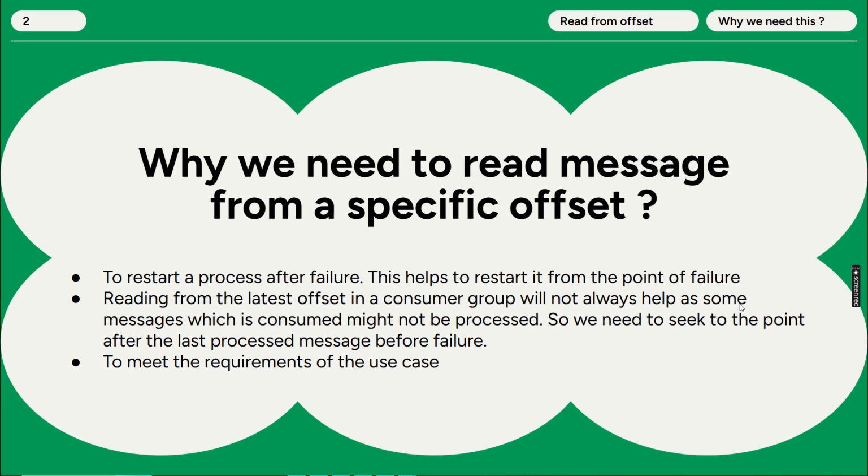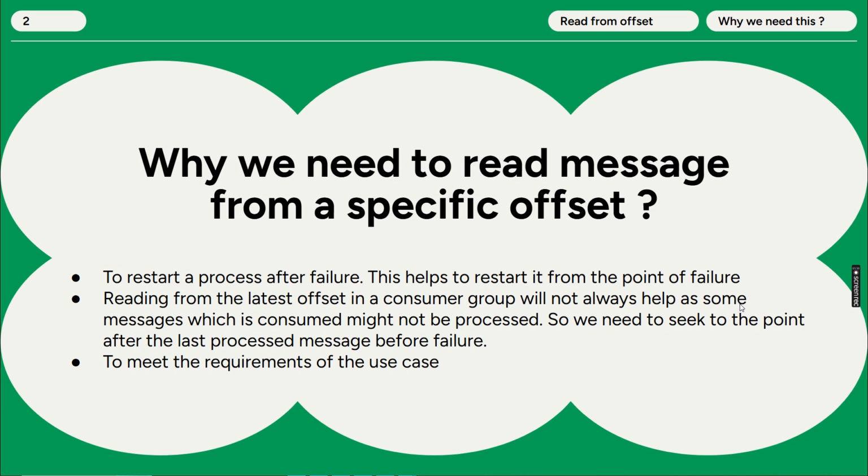So the problem is, let's say the consumer crashed for some reason. Maybe the last read message from the consumer might not be the last processed message. That means we need to keep track of the last processed message, and go back to the point of failure so that we can start reading from that point and keep processing. This will avoid losing messages.